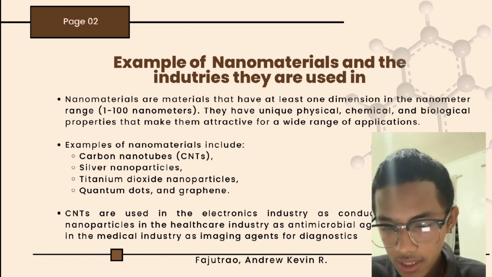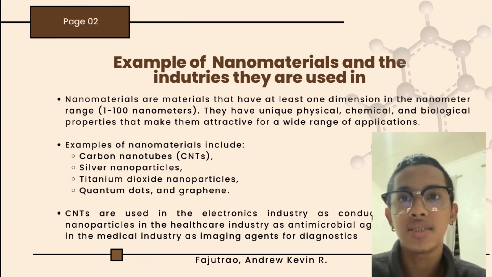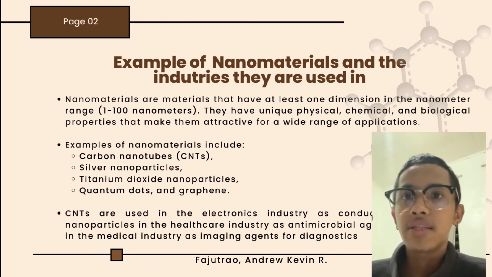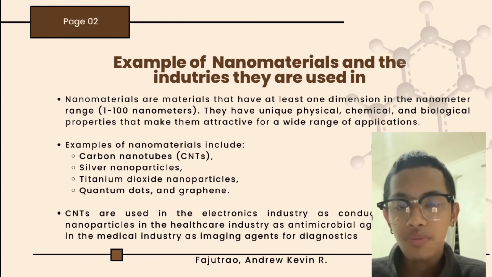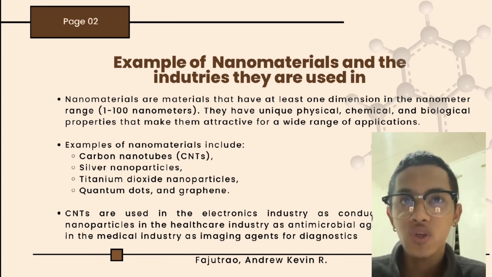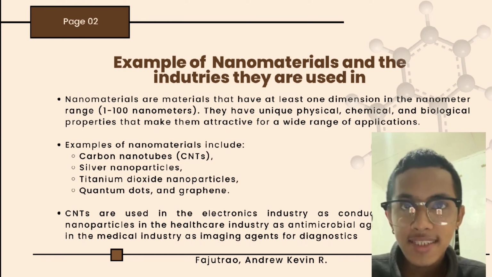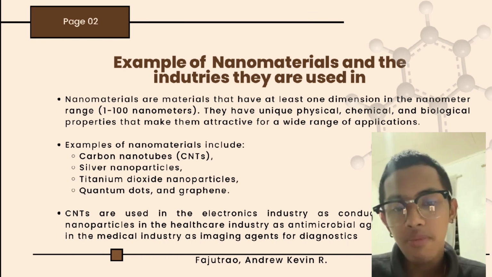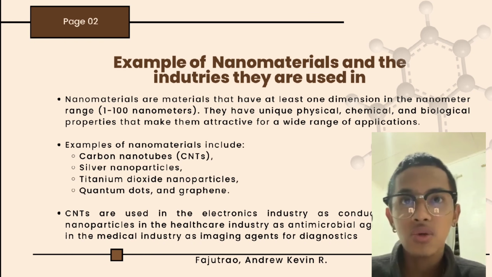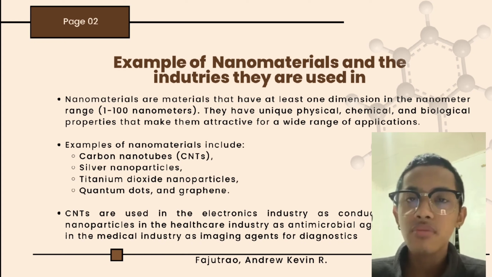And the next one is silver nanoparticles. Silver nanoparticles are tiny particles of silver with a size range of 1 to 100 nanometers. They are commonly synthesized through various methods, including chemical reduction, physical vapor deposition, and electrochemical synthesis.